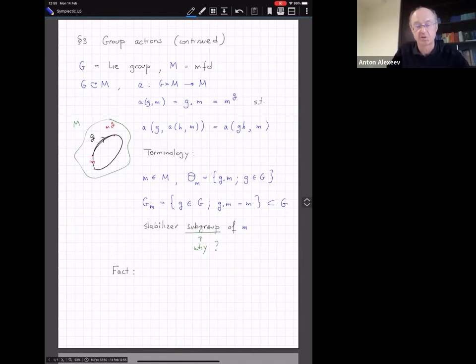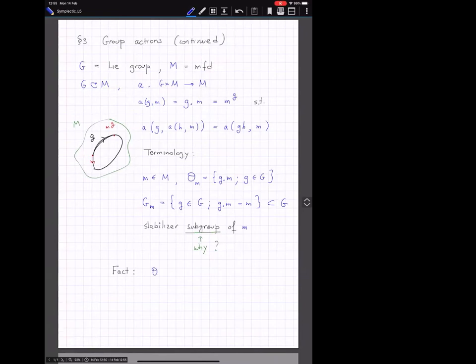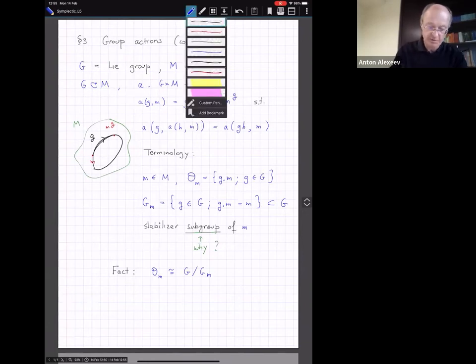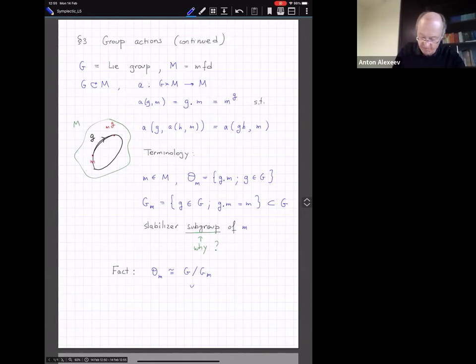Now, maybe one fact that will be useful later on. There is a relation between O_M and G_M, and the relation is like that. O_M is isomorphic to the quotient space of G by G_M. Here is a map. Elements of the quotient space are cosets, right?